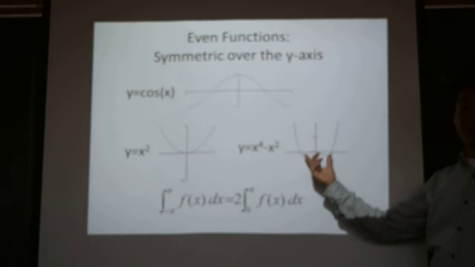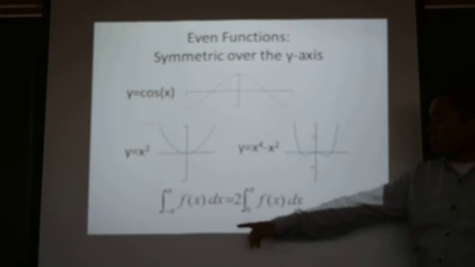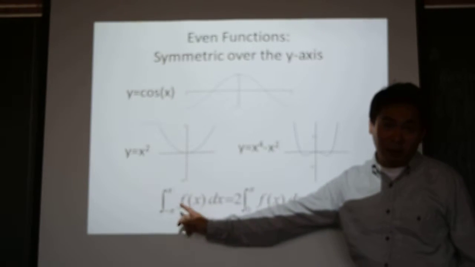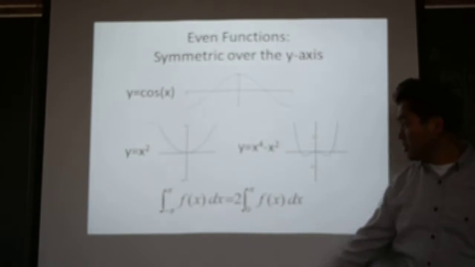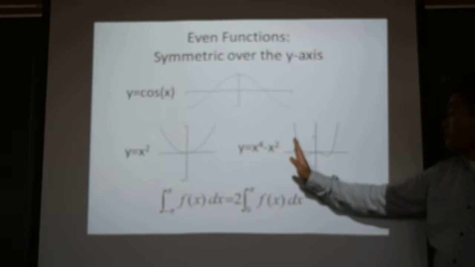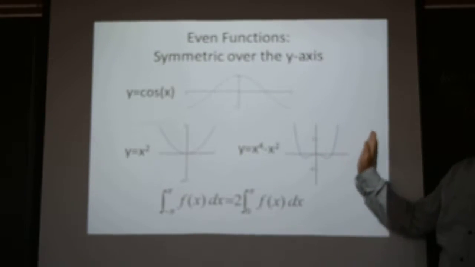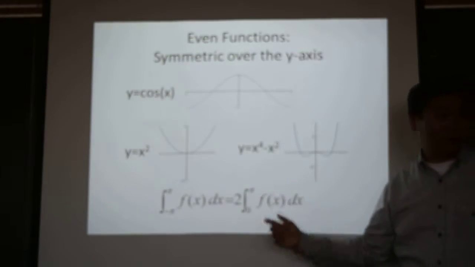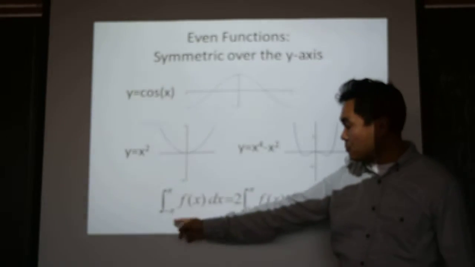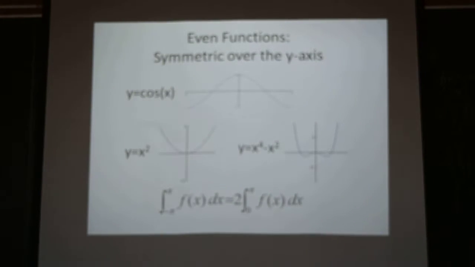So the left and right will match perfectly. In such a case, when you integrate from negative pi to pi, or from any symmetric domain, from a negative number to the positive number, integrating from negative pi to pi will be the same as integrating only one side and doubling it because of the symmetry. So you have this important formula where the integral from negative pi to pi is the same as the integral from 0 to pi, doubled.